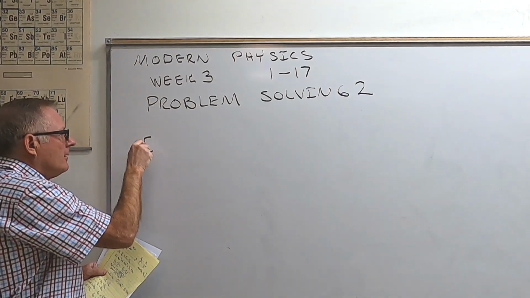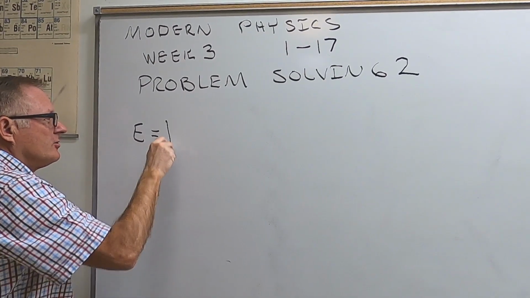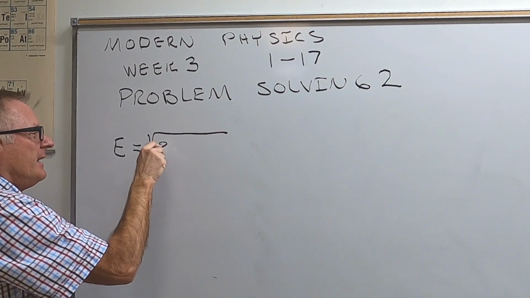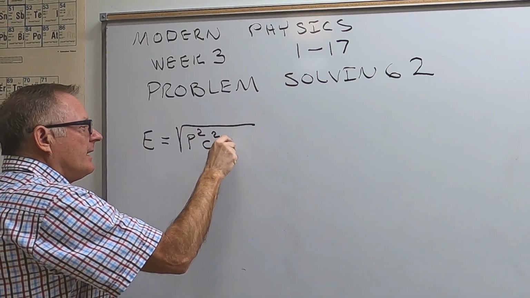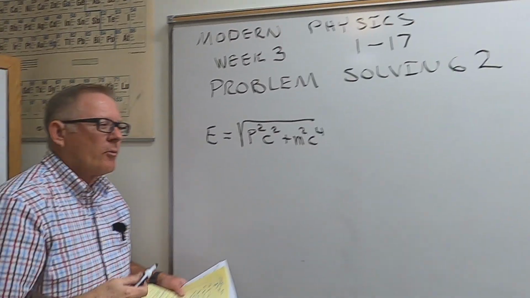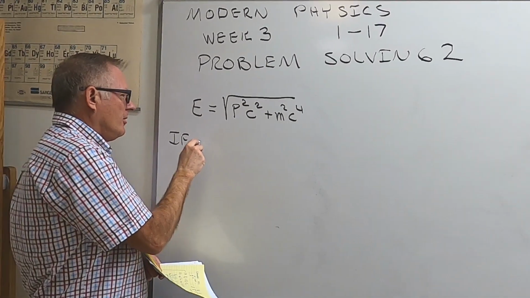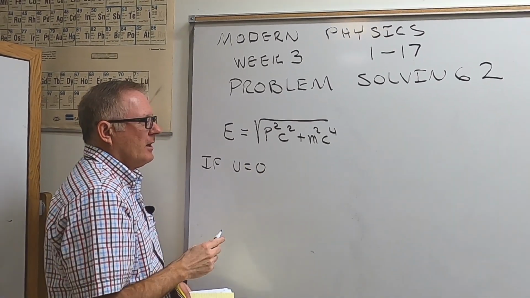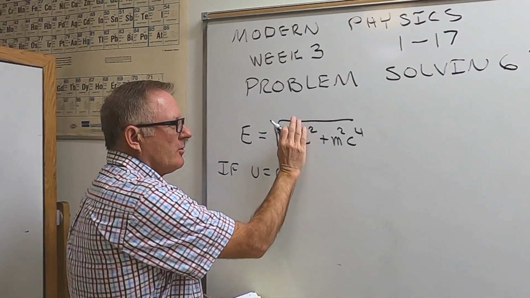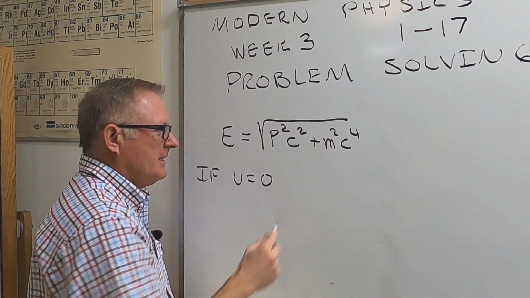E, if I just take the square root of both sides, is the square root of p squared c squared plus m squared c to the fourth. Now, if you're at rest, if u is equal to 0, then you have no momentum. So that's 0, and E is just the square root of this, which is just mc squared.